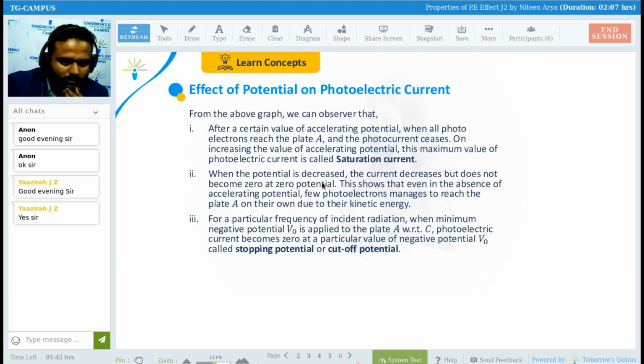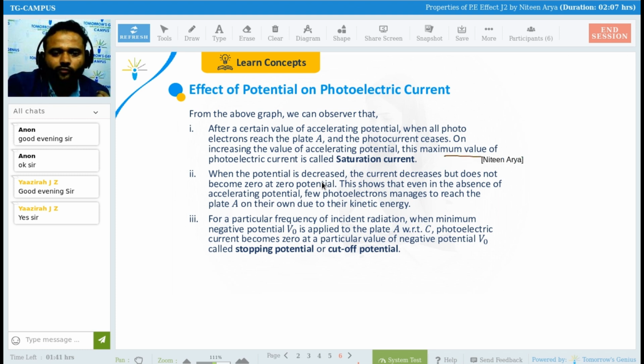Okay, so now this is the effect of potential on photoelectric current, and let's discuss this. From the graph we can observe that after a certain value of accelerating potential, when all photoelectrons reach the plate A, the photocurrent ceases to increase on increasing the value of accelerating potential.